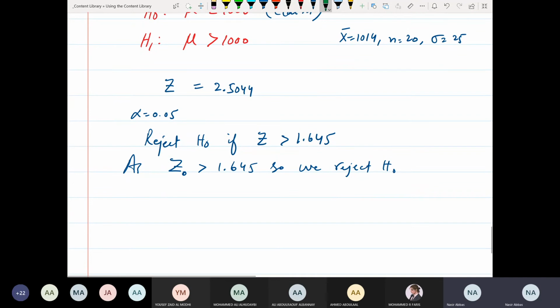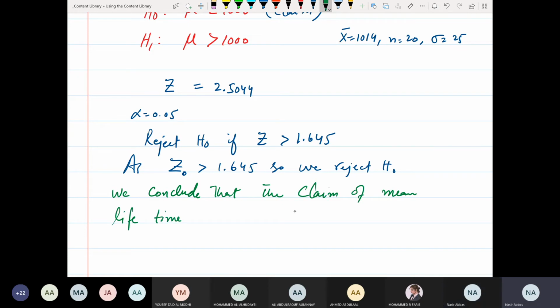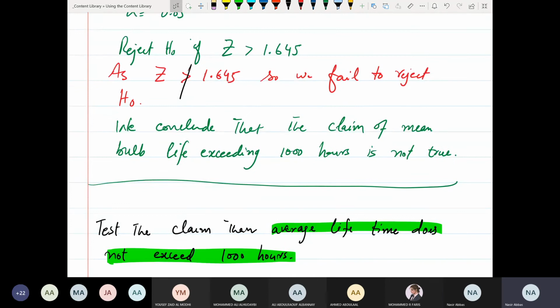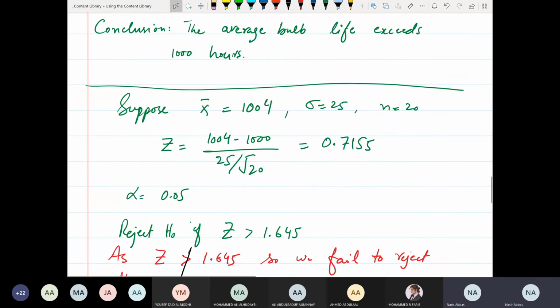At the final stage, you will say that we conclude that the claim of mean lifetime not exceeding 1,000 hours is not true. Previously, it was true.